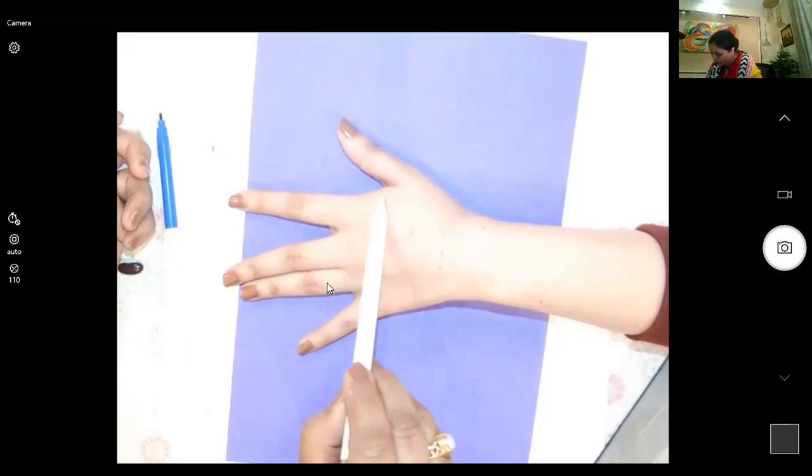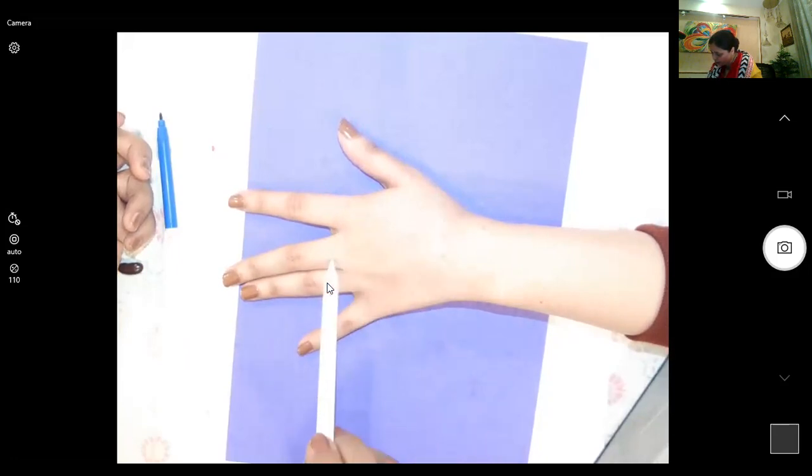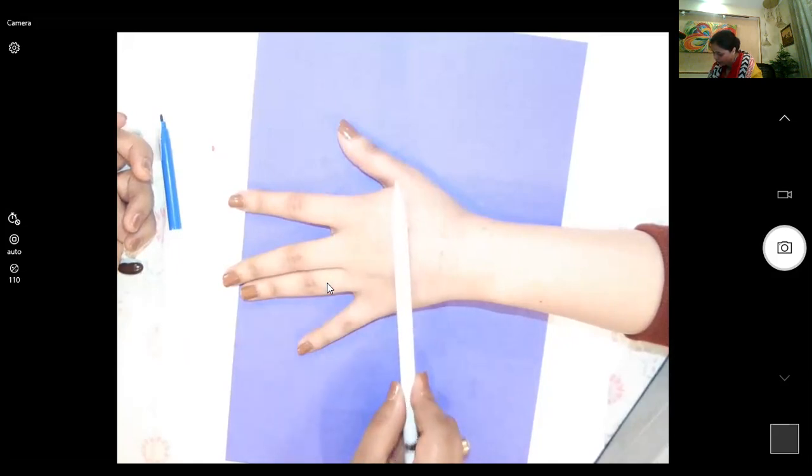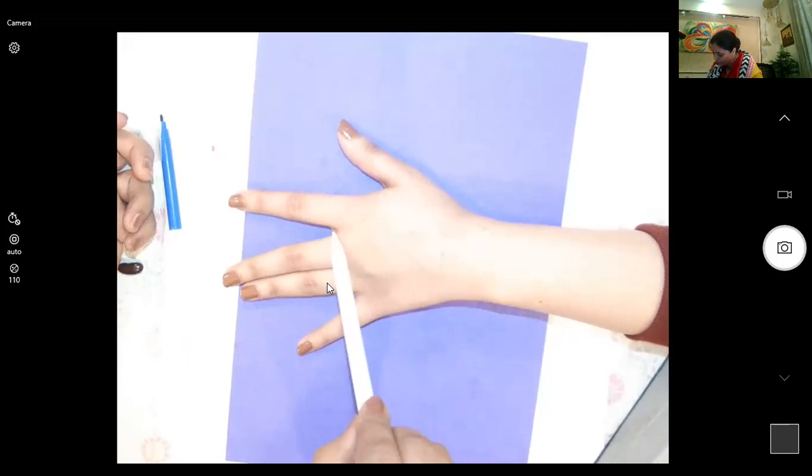Actually, when you divide this central line into three parts, from the wrist one third, nearby this line, you will find kidney points. This line and then this line. Where these two lines intersect, you will find the kidney points in this area.